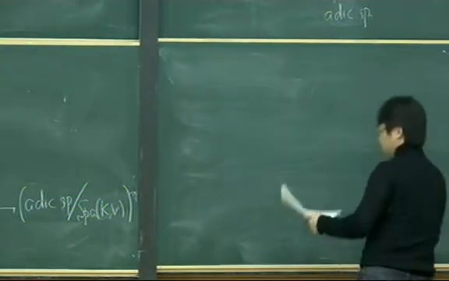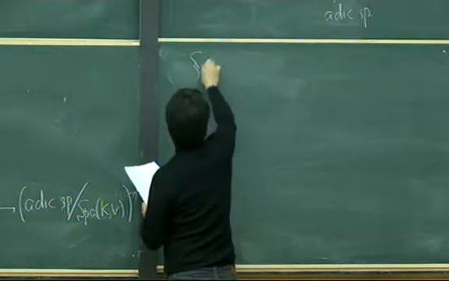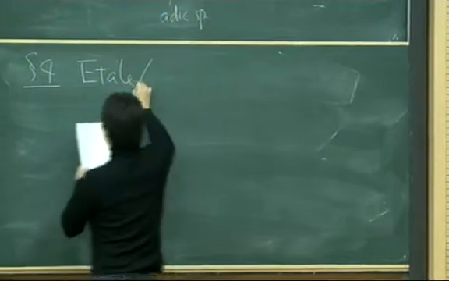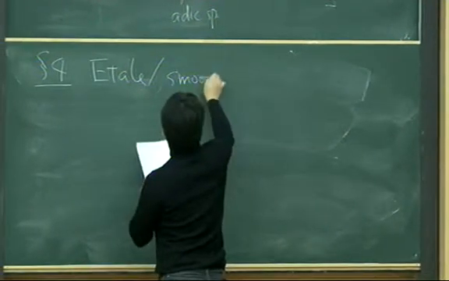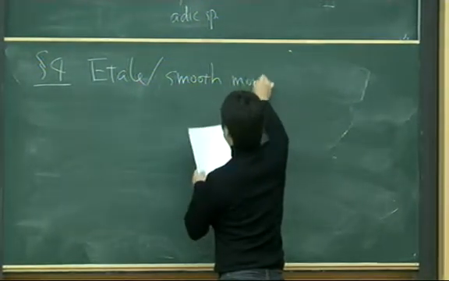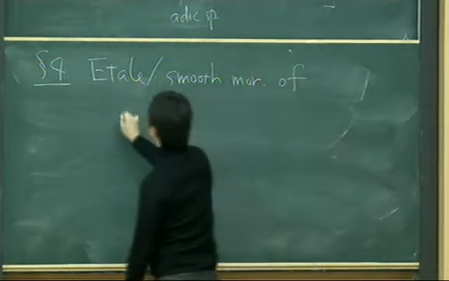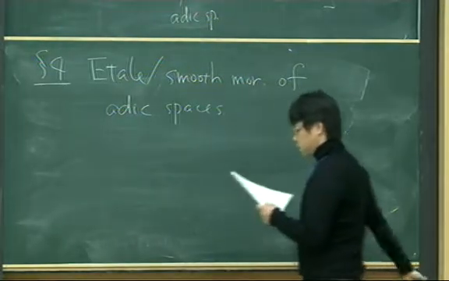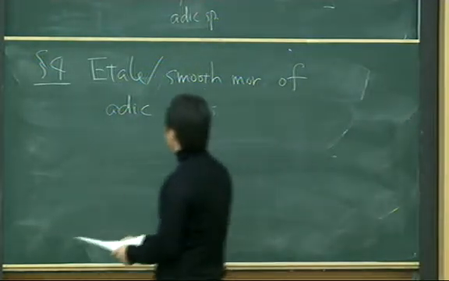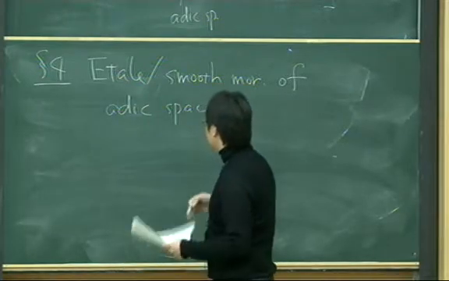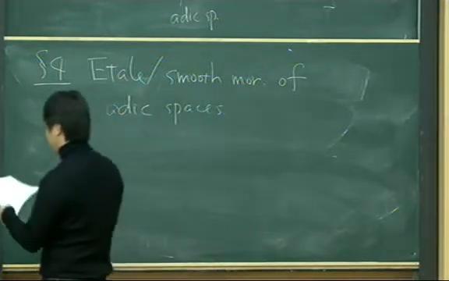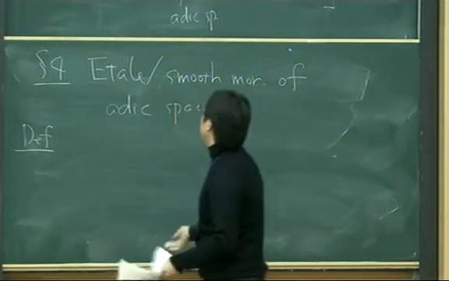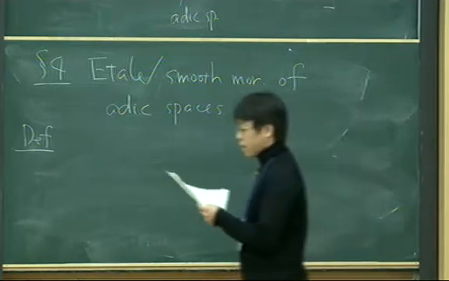So, for étale or smooth morphisms of adic spaces, to make the definition simpler, I will assume that all adic spaces in this section are analytic.